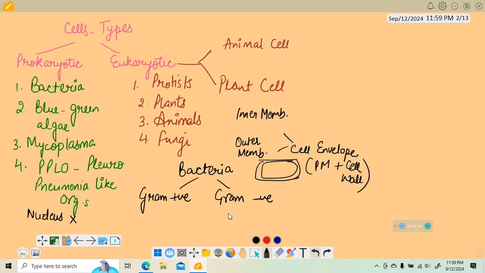So you can see in bacteria we have cell membrane and cell wall. Plasma membrane is also called cell membrane.